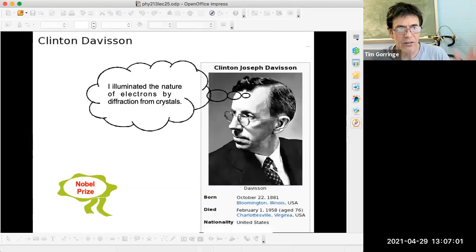Clinton Davisson used that idea of diffraction of crystals. But instead of diffracting X-rays off crystals, what he did was actually diffract electrons off crystals. Now, before the days of quantum physics, before the days of modern physics, that would have sounded ridiculous.